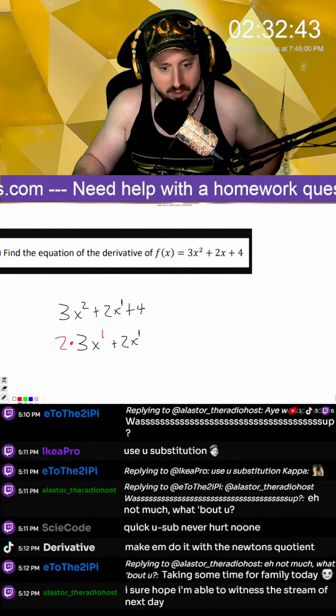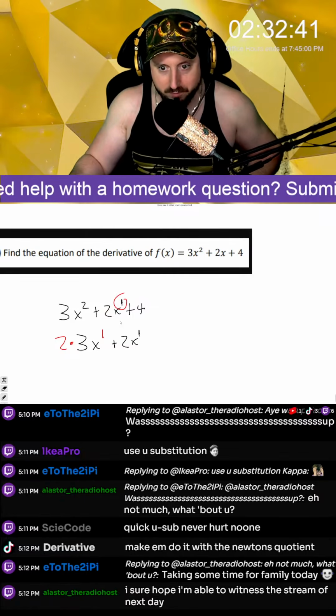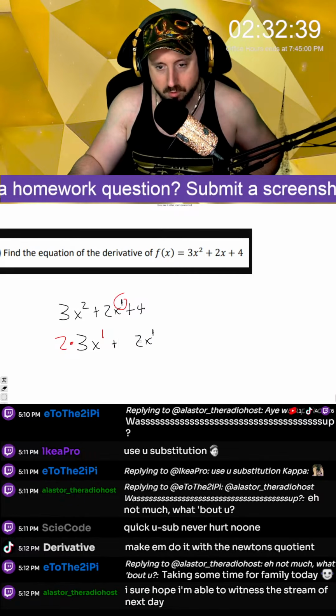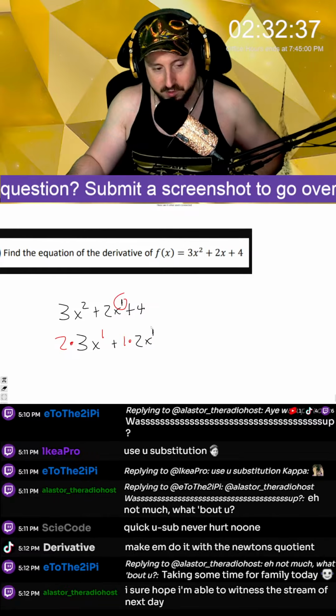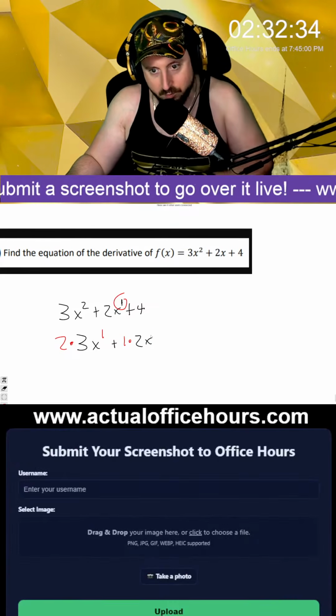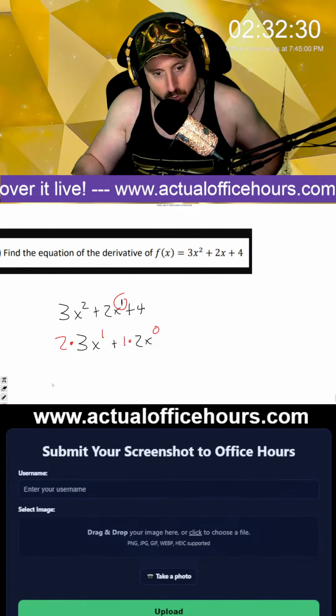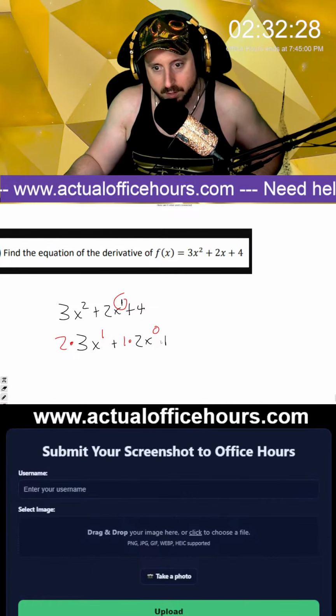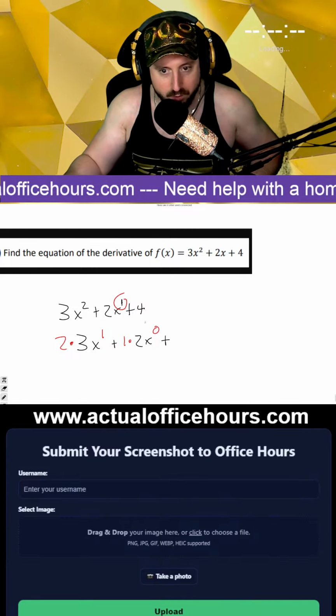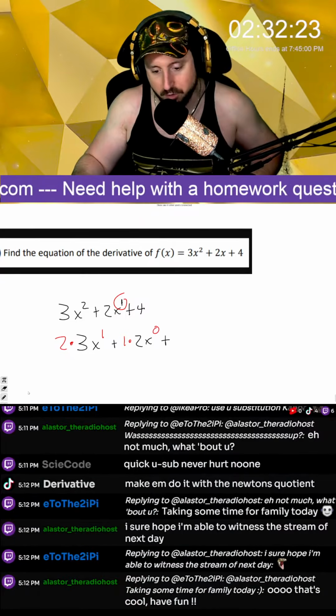Because when this one happens, this comes out front. So now you're going to have 1 times this, and then this drops down to 0. The cool thing about x to the 0 is that it's the same thing as just 1. Then we have plus this. Well, this doesn't have an x on it, so the derivative of this is 0.